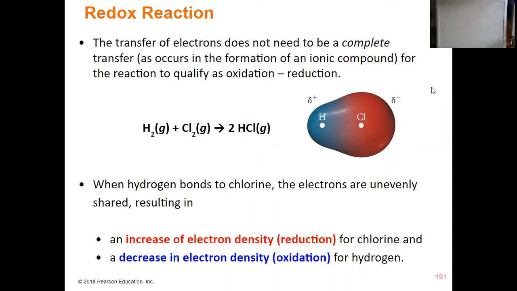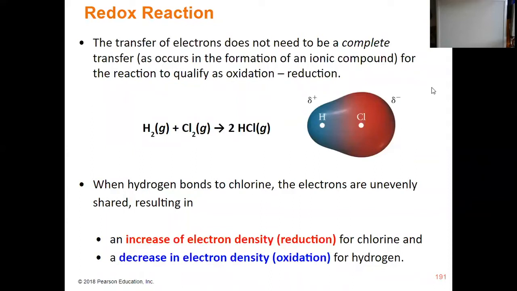So we were talking about electron density and the fact that in an HCl molecule, we have covalent bonding and we have uneven sharing between the hydrogens and the chlorines. So our electron density is more in the chlorine end than the hydrogen end, making the chlorine a little bit more negative than the hydrogen.